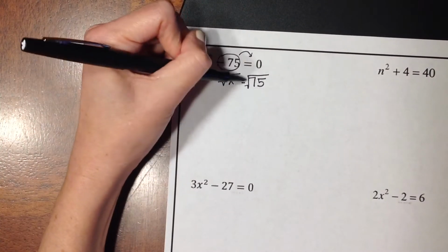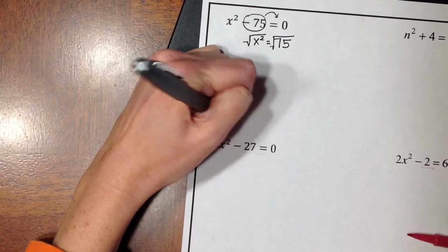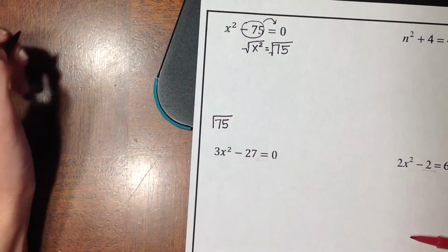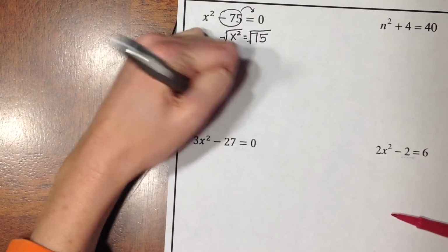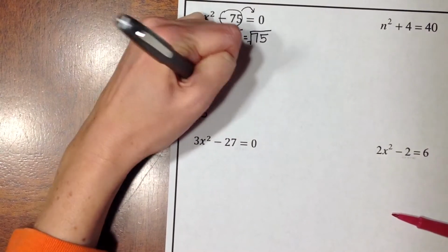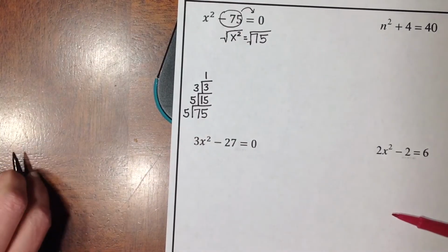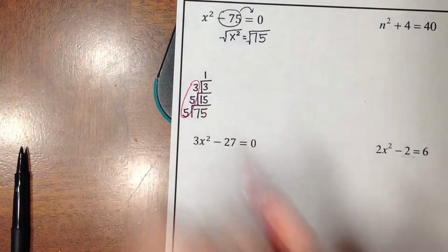Now, we learned how to simplify radicals in a previous lesson, so what I'm going to do is rewrite 75 as the product of prime numbers. So I'm going to divide out by 5, divide out by 5 again, and divide by 3. And so my prime numbers that break down 75 are 5 times 5 times 3.